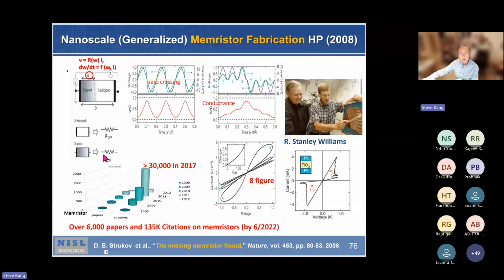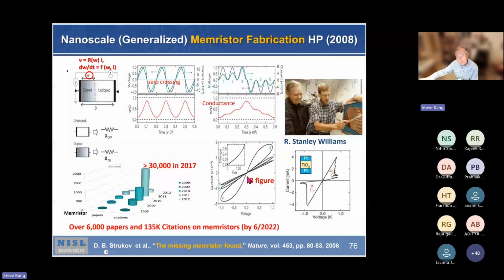If you plot the conductance, if you keep on applying this positive pulse, conductance increases. And then if you switch to negative pulse, conductance decreases. Furthermore, they observed this number 8 figure. When they increased the frequency, it became thinner and thinner.